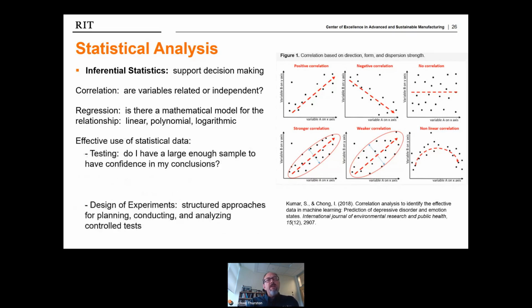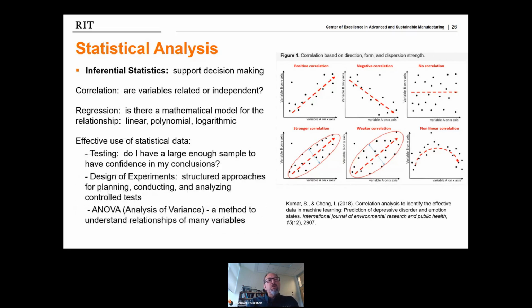Finally, when we have the data, we want to make sure we're using it effectively and not letting statistics drive us to bad conclusions. So we do testing on the data we have and the sample size to make sure we have enough data to make conclusions with the level of confidence or surety about the outcome that we desire.